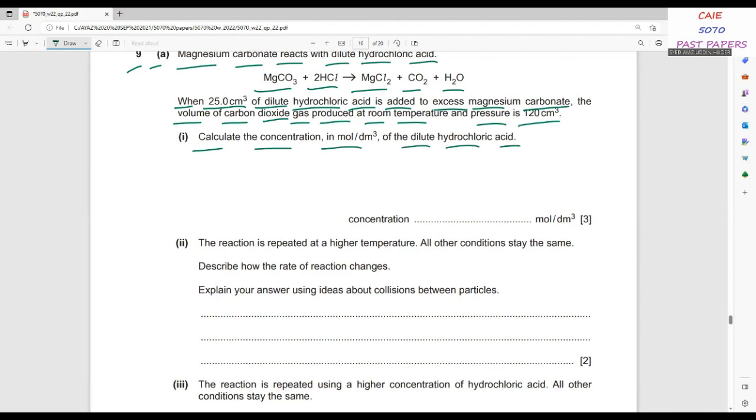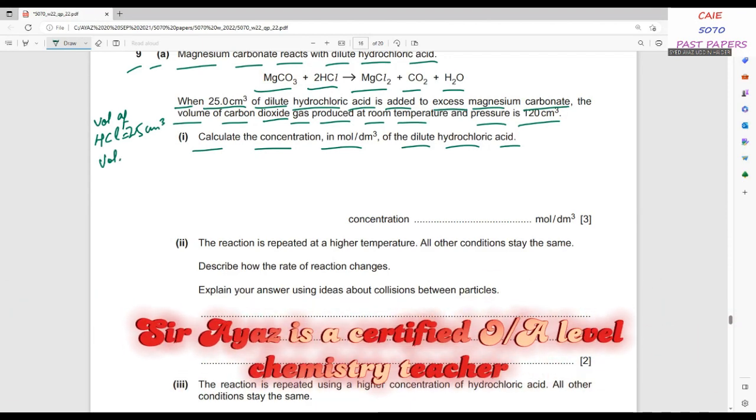For this, we need the moles of hydrochloric acid, and the volume of hydrochloric acid is provided to you. We have the volume of HCl, which is 25 cm³, and the volume of CO2 is also provided, which is 120 cm³.